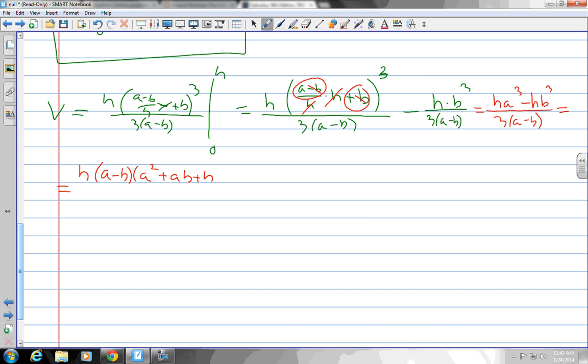Oh yeah, this is the difference of cubes formula. A minus b times what we call a degenerate quadratic, missing a 2 in the middle. So it doesn't factor any further. Oh yeah, you can factor all of them. So it's really h over 3 times a squared plus ab plus b squared.